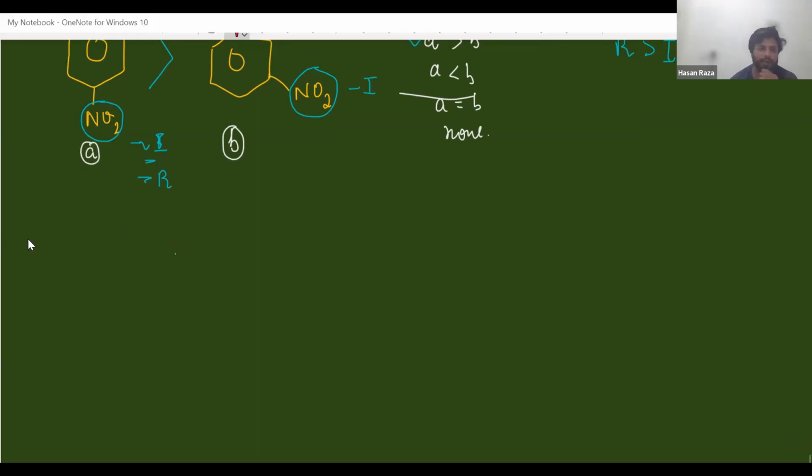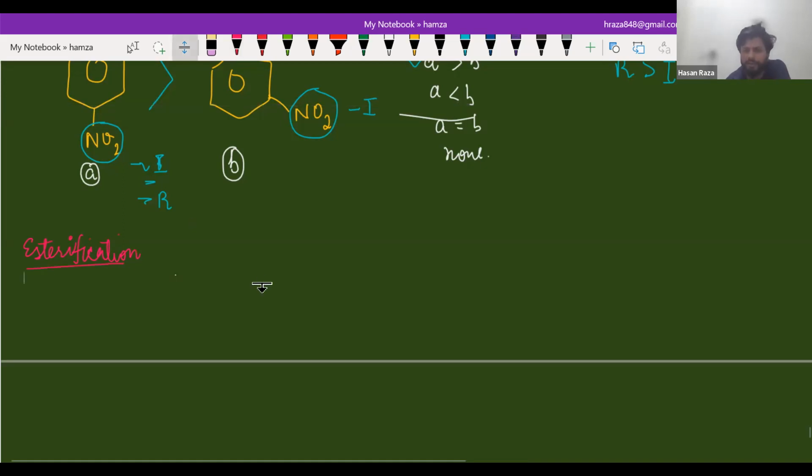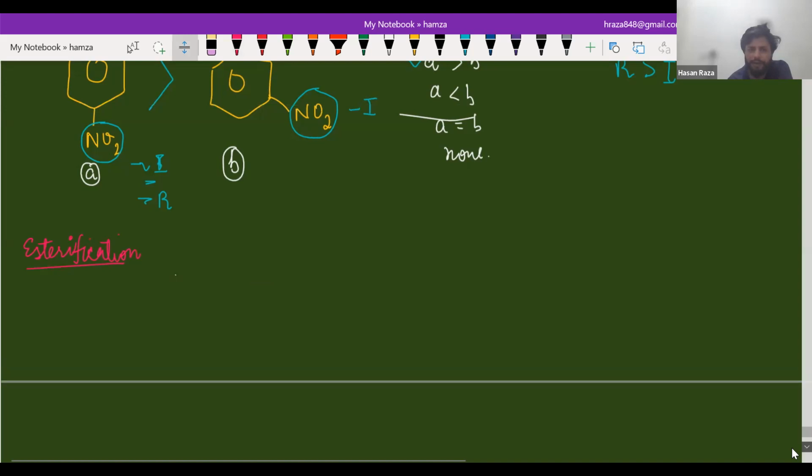So write the topic, esterification. And I think you have studied this esterification in class 10th, carbon and its compounds. It's a very interesting topic.